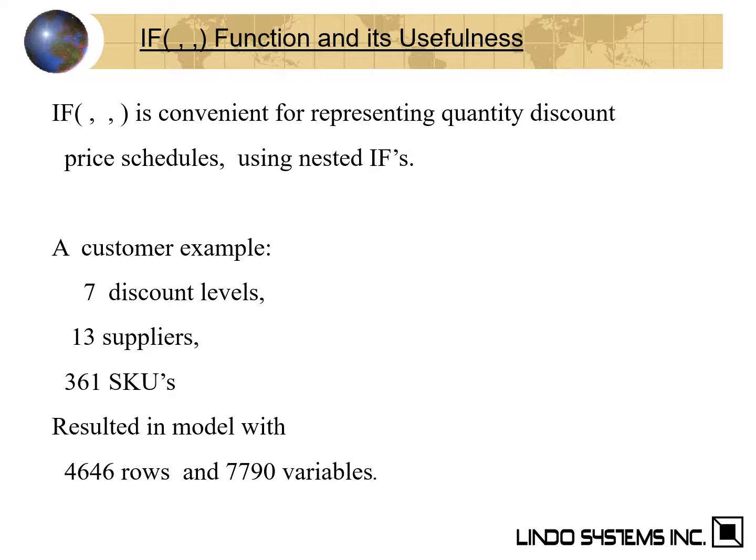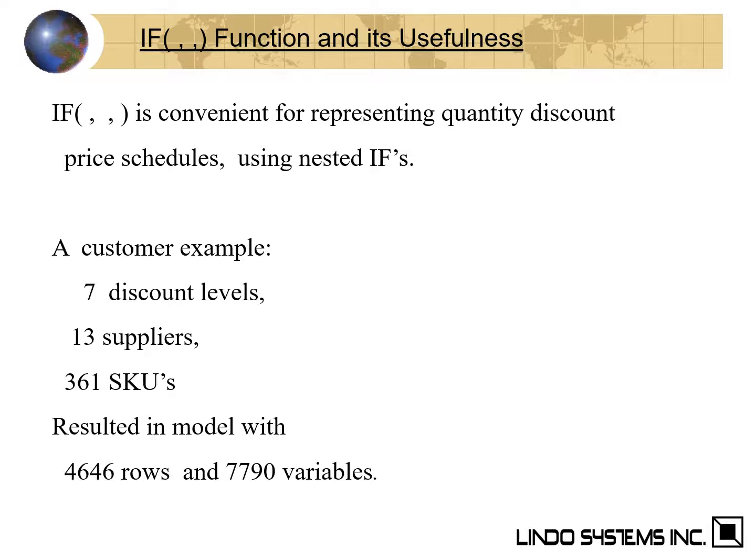If you hadn't seen the little example in the previous couple of slides, and you were just doing this in Excel without being aware of What's Best, what you might have thought of doing would be to use IF functions to represent a discount table. So here's an example that came from a user a while ago.